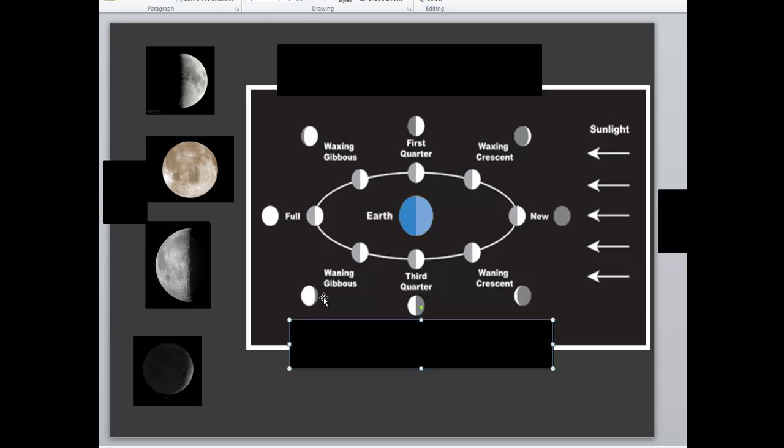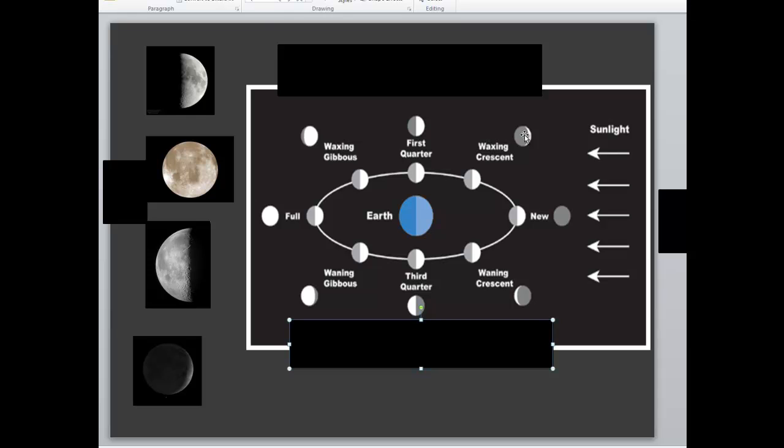You can see that the shadow is coming from the right to the left, and then in the third quarter the shadow moves over more from right to left, and we get this view of half of the moon. And then waning again, getting smaller, so our view of the moon is getting smaller and smaller, a waning crescent.